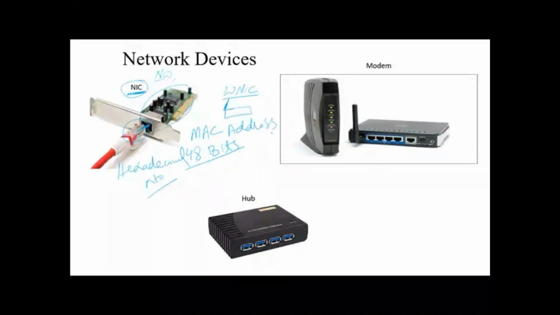So that is a brief about the NIC, and this is the main point of entry or exit from your computer, meaning that is the actual hardware through which data can enter your computer system or leave your computer system.